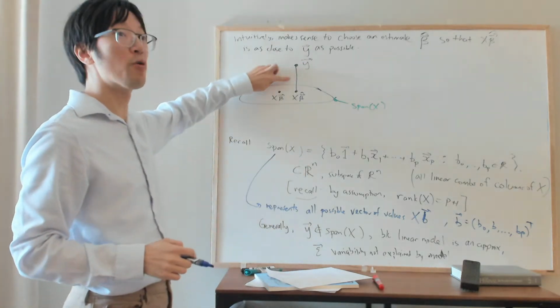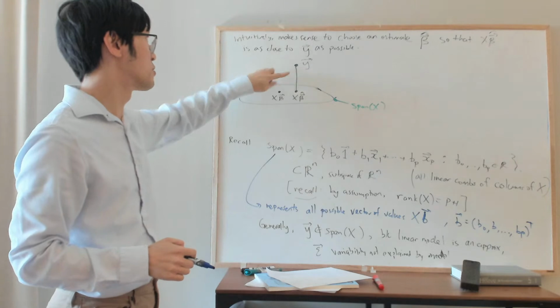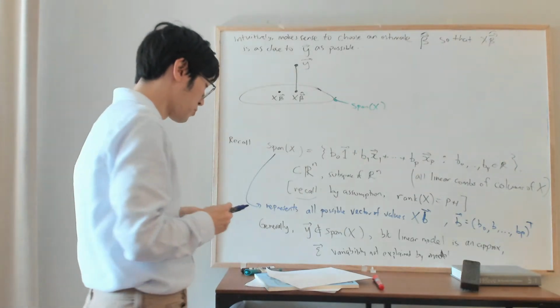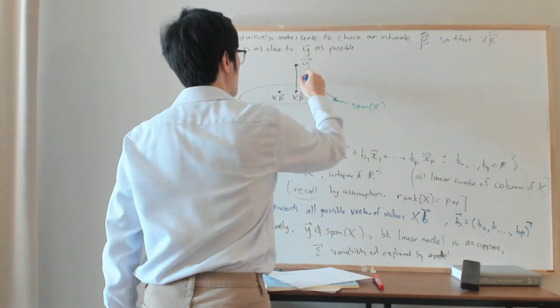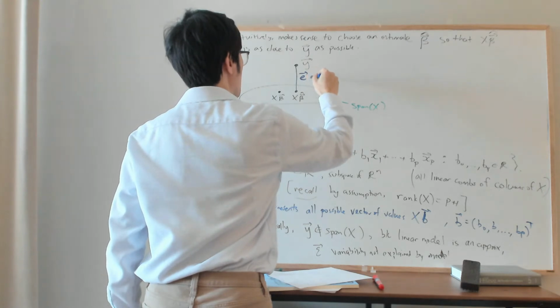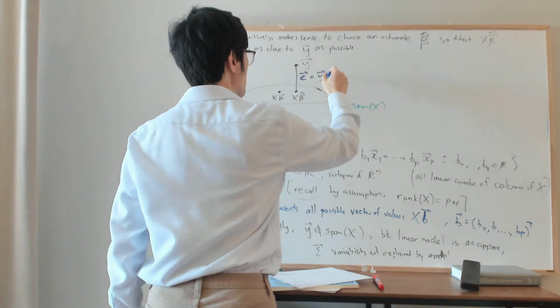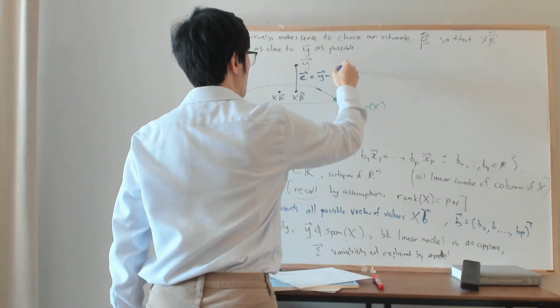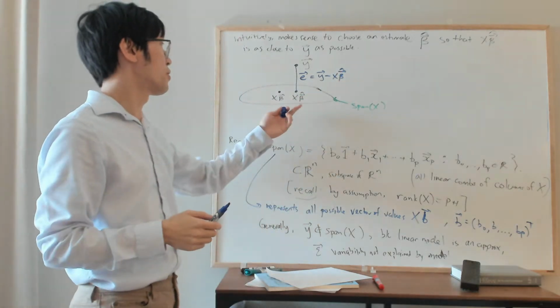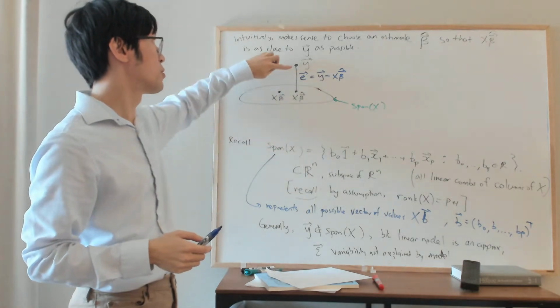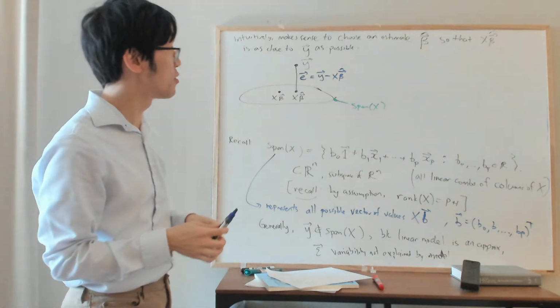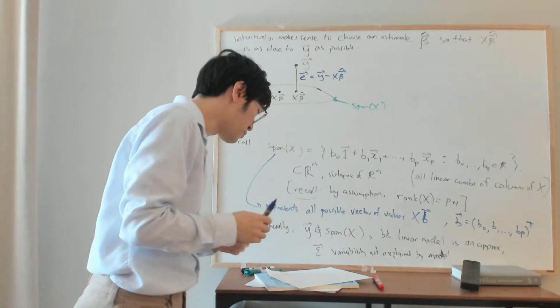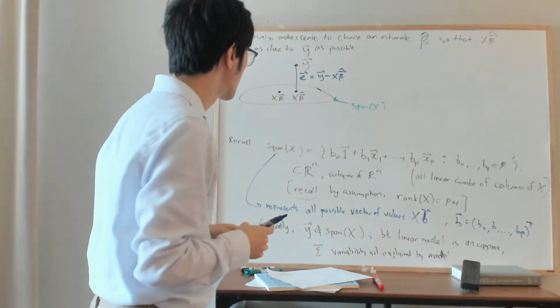What's our term for this vector difference? This is the residual. This difference is between the responses and the fitted values. The fitted values lie on the span, and the residual vector captures the vector difference between the responses and the fitted value.